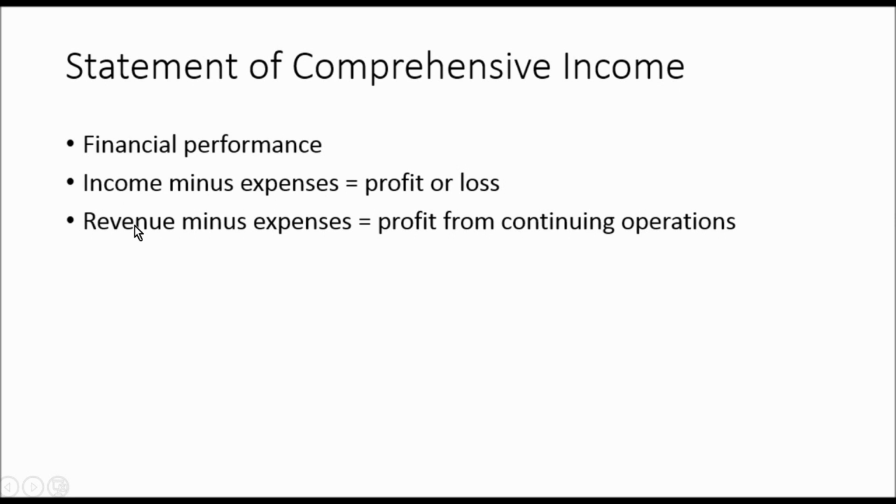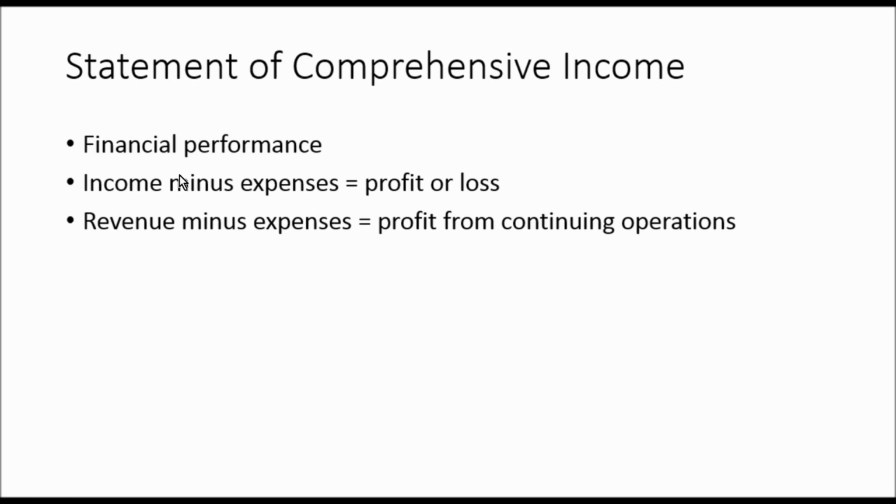Or in other words, the revenue, because we don't generally refer to income as income when we refer to limited company accounts. We use the term revenue, and we don't refer to profit. It's generally profit from continuing operations. So revenue minus expenses equals profit from continuing operations.